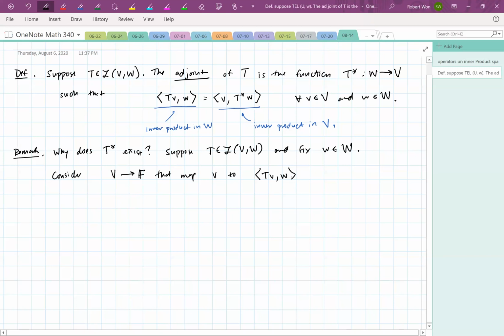The reason that this is a linear functional is because it's the composition of two linear maps. First you go from V to W, that's via T, that's a linear map. And then you go to F, where this thing is the linear map where you just take the inner product with w. We proved that that thing was a linear map.